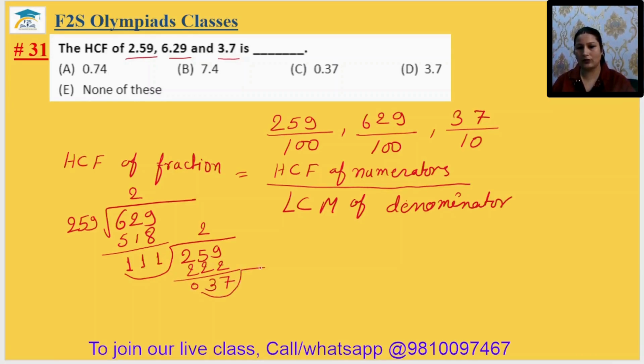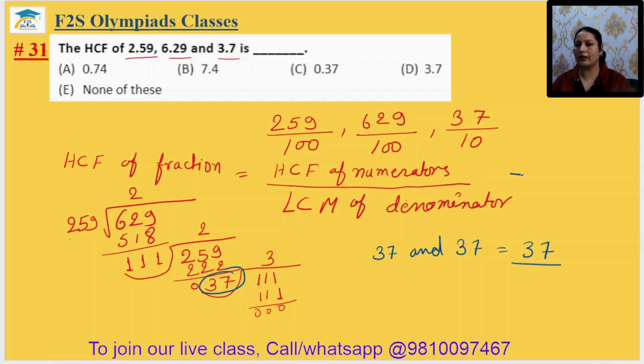Now divide 111 by 37. 7 threes are 21, carry 2, 3 threes are 9 plus 2 is 11, 0, 0. So the HCF of 629 and 259 is 37, and the HCF of 37 and 37 will be 37 only. So the HCF of the numerators is 37.